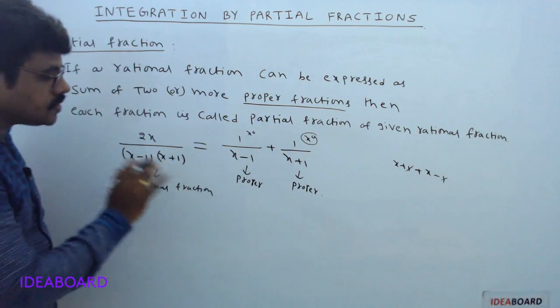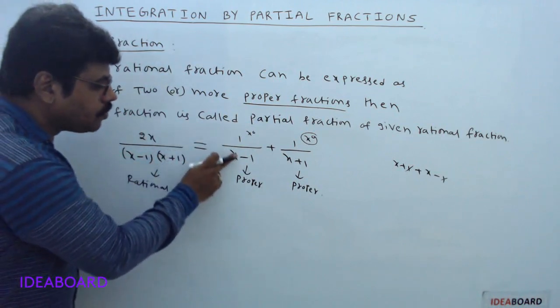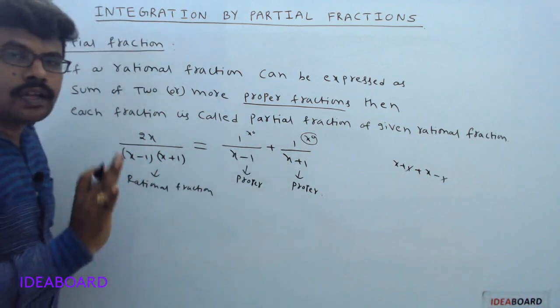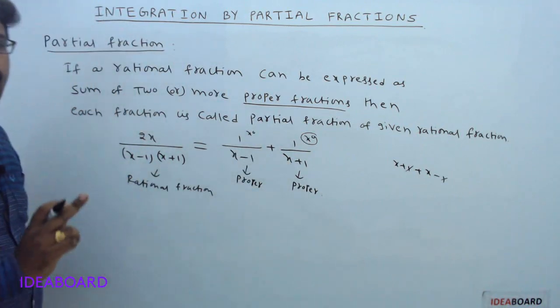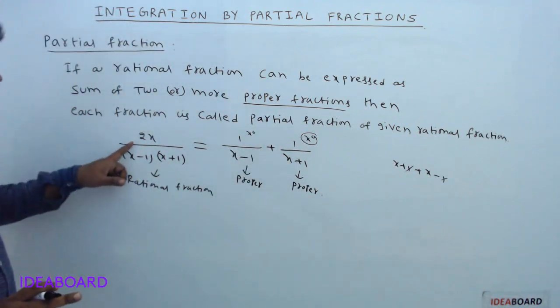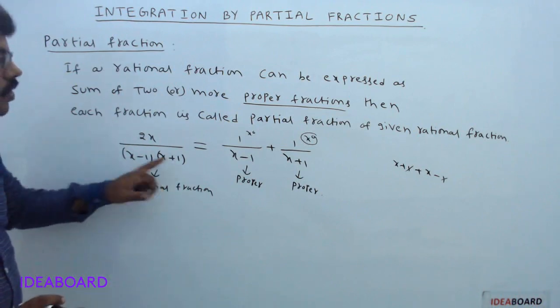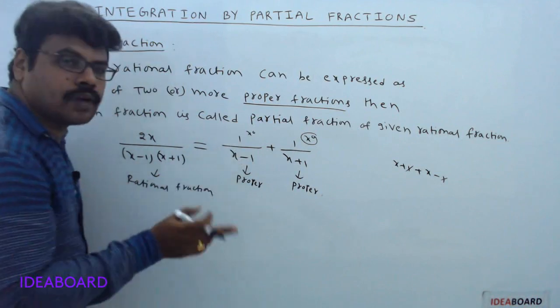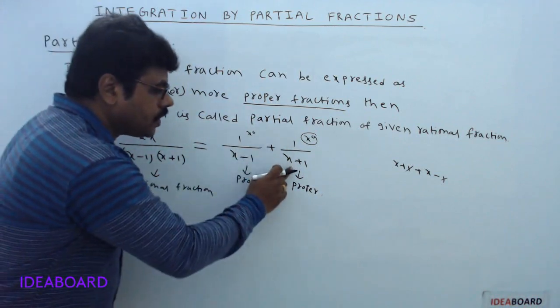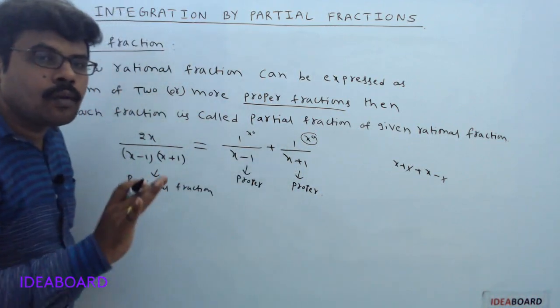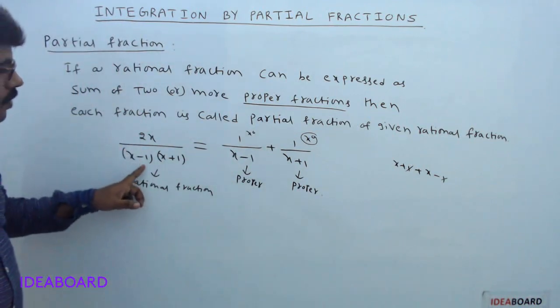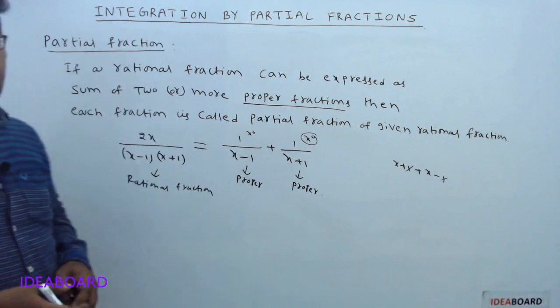It means in this example 1 divided by (x minus 1) and 1 divided by (x plus 1) are called partial fractions of 2x divided by (x minus 1) into (x plus 1).